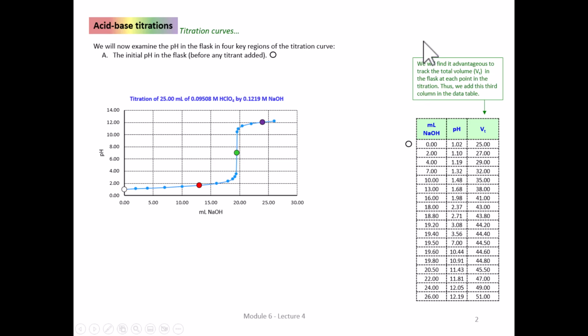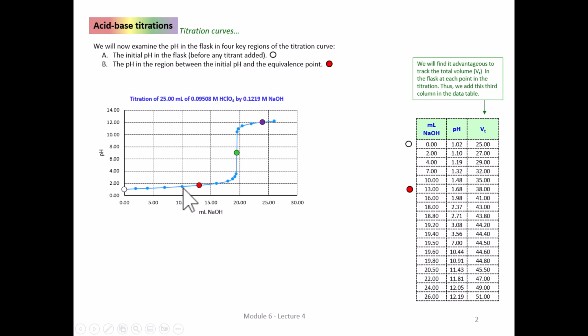So what are the 4 places where we'll determine the pH values? One is the initial pH, that's before we add any titrant. The second is the pH in the region between the initial pH and the equivalence point. There's nothing magical about the point I chose here.